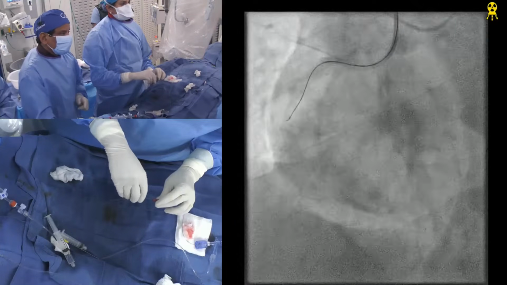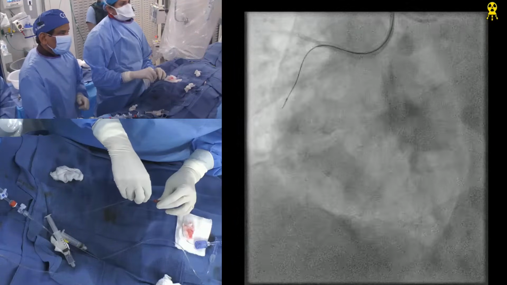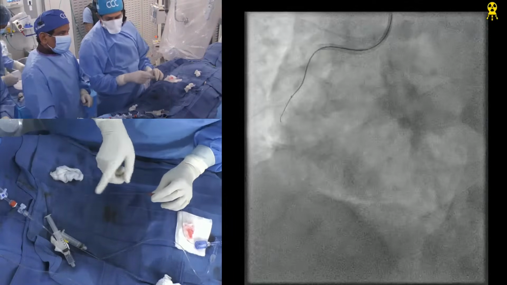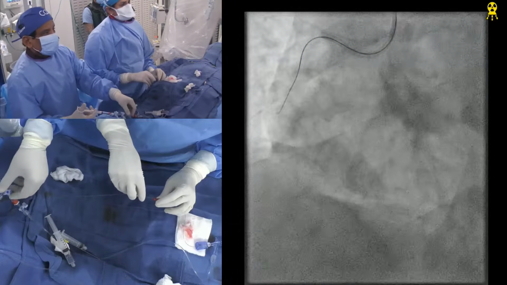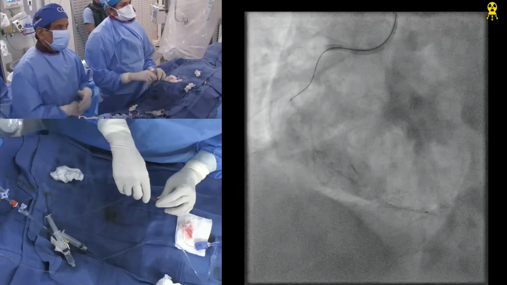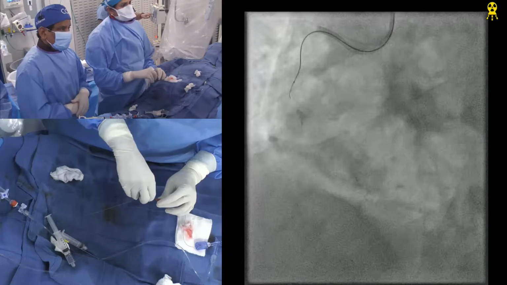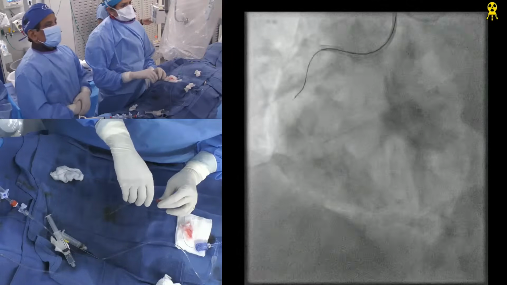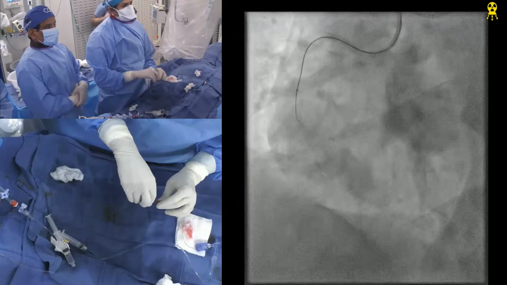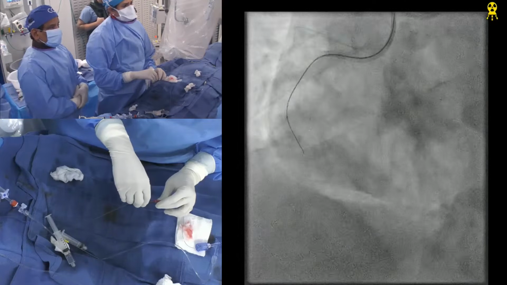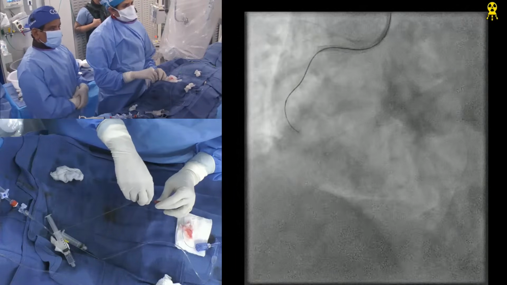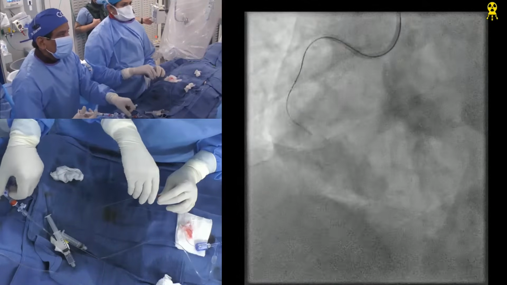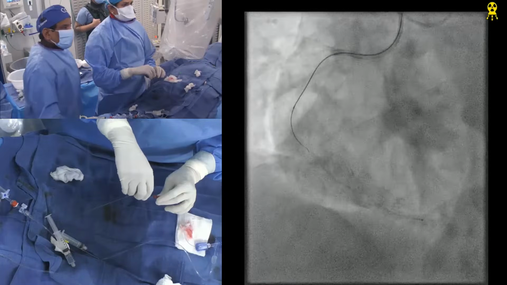You have the Hornet ready? Some antegrade dye. You want to see this? It'll dye again.